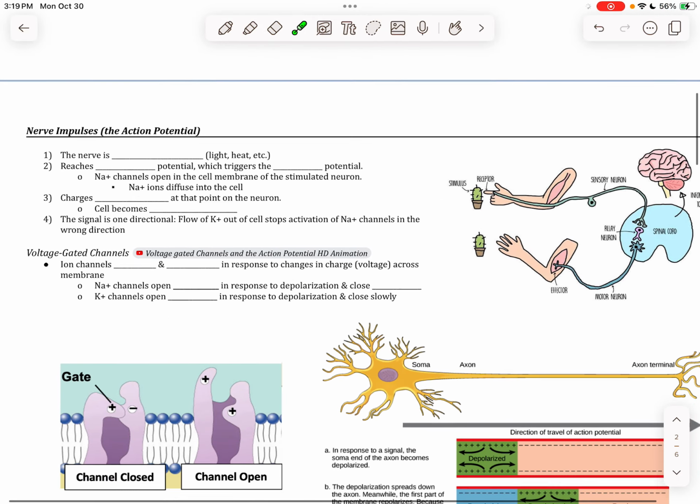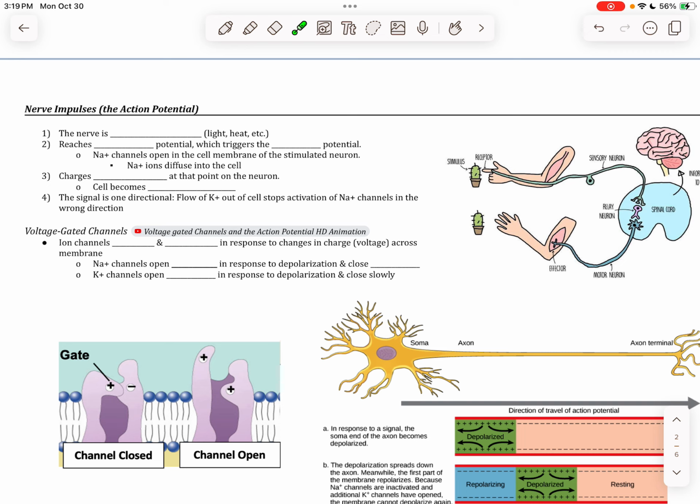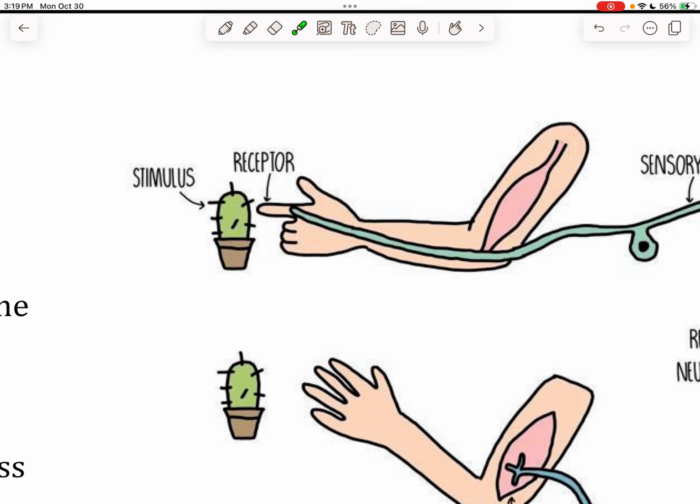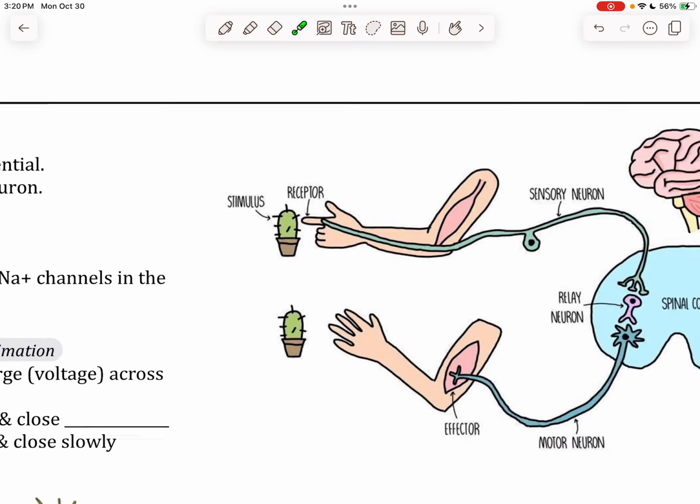Okay, now we're going to talk about the nerve impulse, so the action potential and how that starts. So what happens is you get a stimulus from the external environment, or maybe even the internal environment. So a stimulus has to happen, and the receptor neuron has to detect that stimulus.